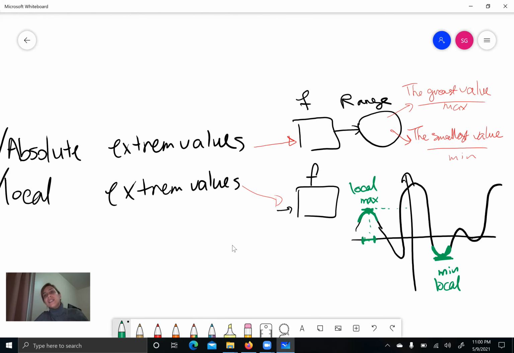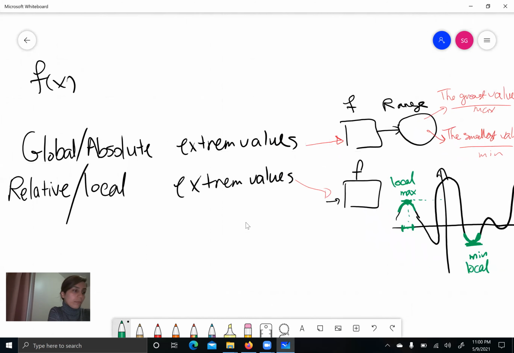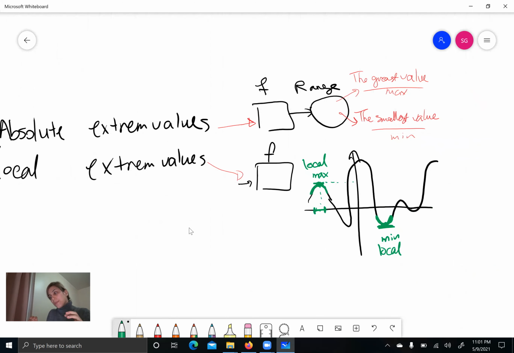So that's the difference between an absolute extreme value and a local extreme value. When you say absolute, it's over the entire range. But when you say local, we are looking at the function over pieces. If you just cut your function and look at this piece, then you have a maximum; in this part of the function, it's a minimum.